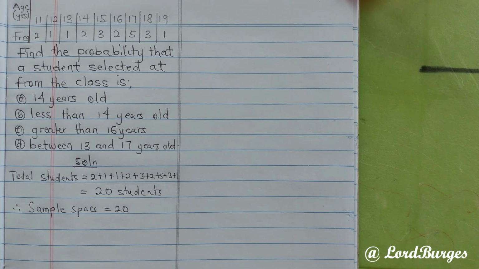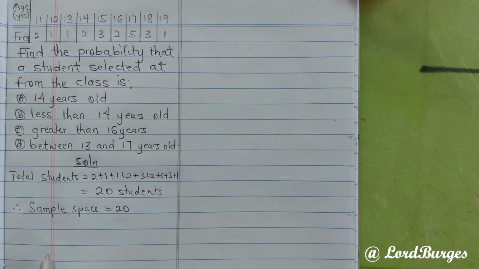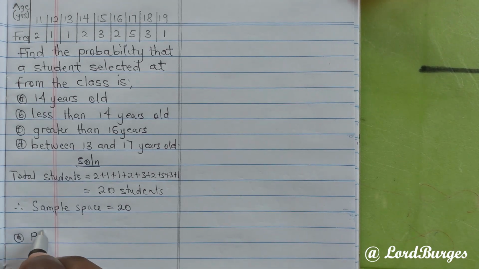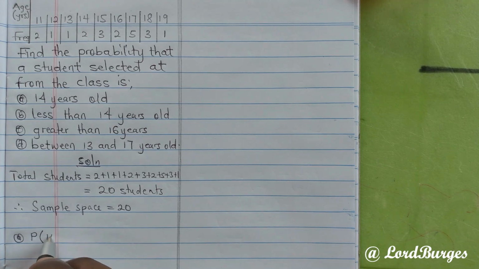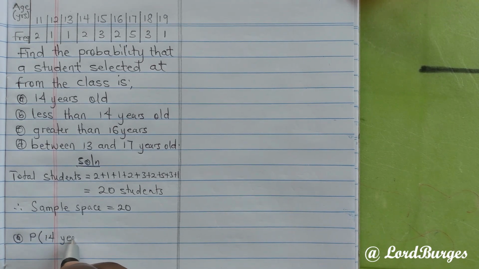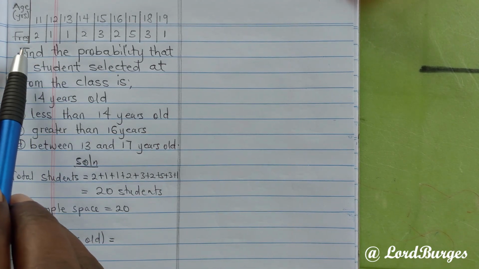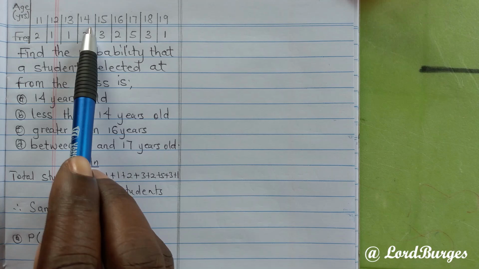So now that we know the sample space is 20, we can take our A, which is probability of finding a student who is 14 years old. So from the table, how many of the students are 14 years old?